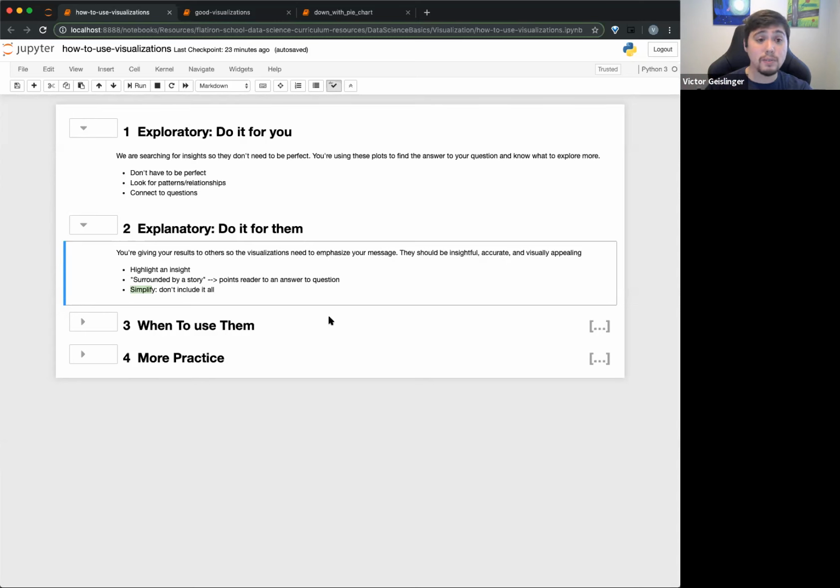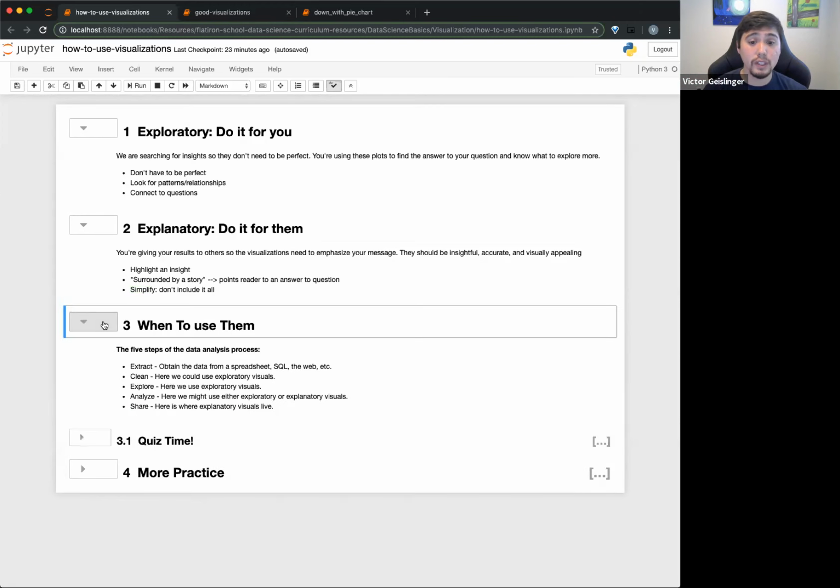So for example, maybe it's randomly distributed, or maybe there's a weird bulge in part of the data. And even though you have your line going through, maybe it's an interesting point that you're going to talk about. But a big part of it is you just want to simplify it. So just have the line there. You don't need the rest of the data points. It helps people focus on your message, and what you want to explain and communicate, all right?